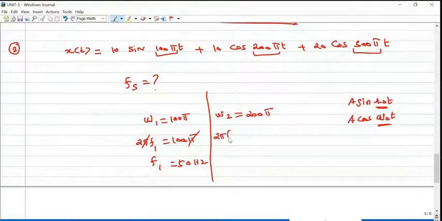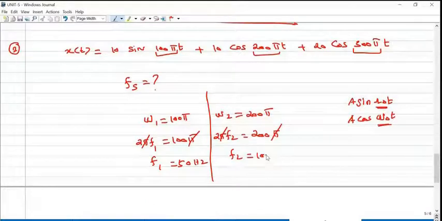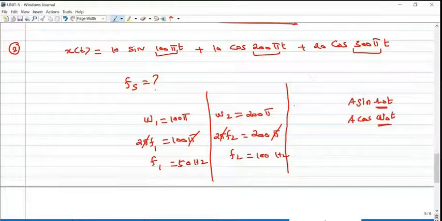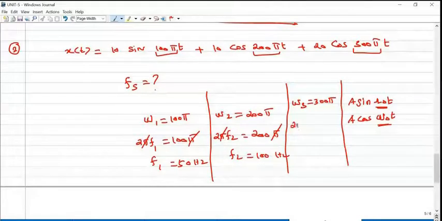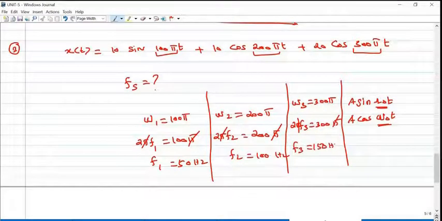So 2 pi f2 equals 200 pi. Pi will be cancelled, so f2 equals 100 hertz. Next, third signal, omega 3 equals 300 pi. 2 pi f3 equals 300 pi. Pi will be cancelled, so we get f3 equals 150 hertz.